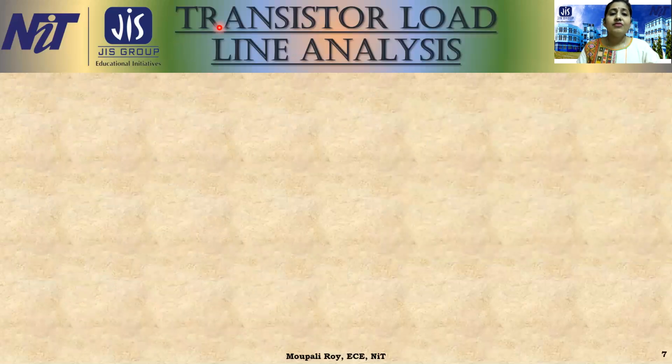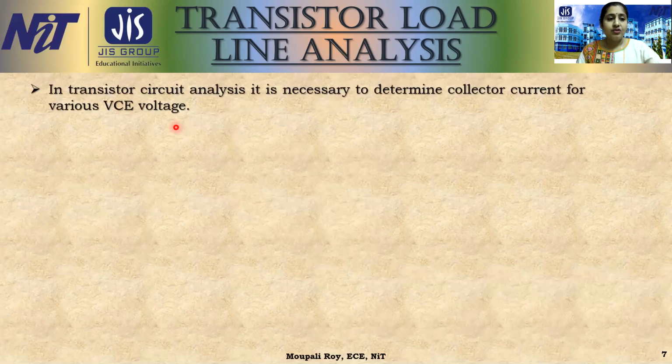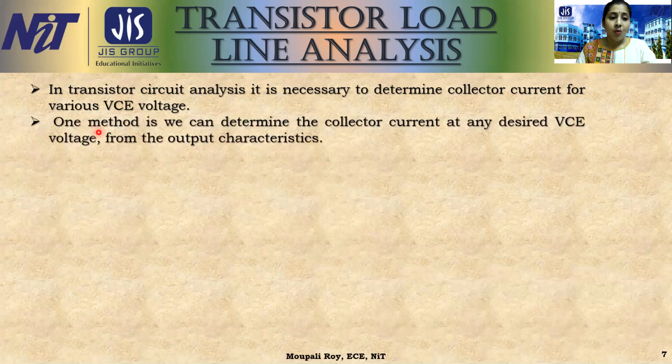Now, transistor load line analysis. In analyzing a transistor circuit, it is necessary to determine the collector current for the various VCE voltages. One method is to determine the collector current at any desired VCE voltage from the output characteristics.